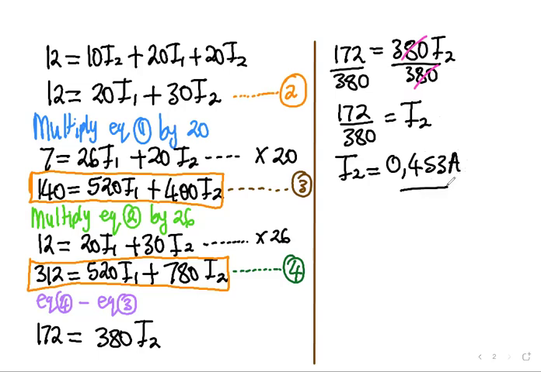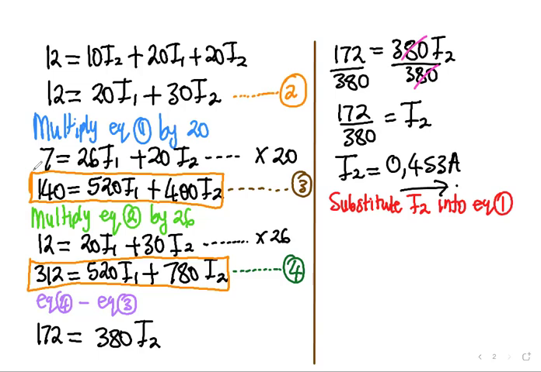So this is current, it must be in amperes, right? And then after that, we are now having current number 2, which is I2. So we're gonna simply say substitute I2 into equation number 1.